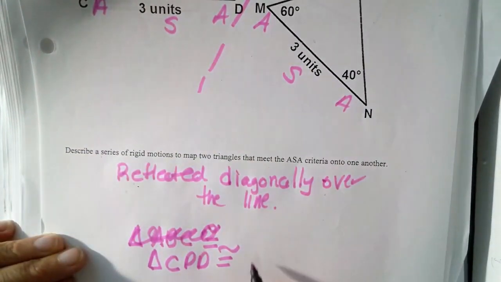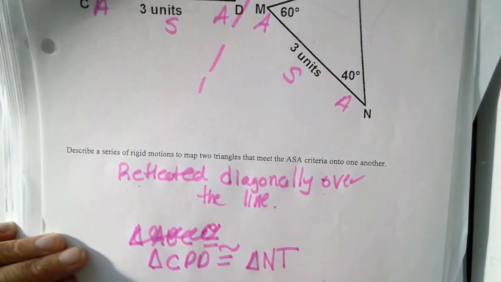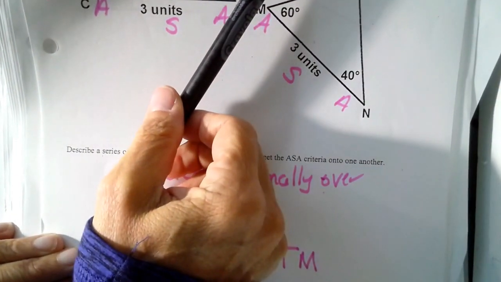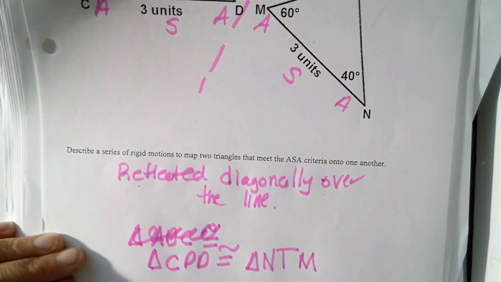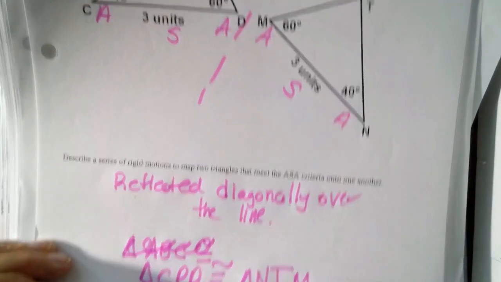C was 40. That's the N. Which went with your P, which was at the top? That should be the T. And which went with your D? That should be the M. So really, we know this works because we have a transformation that we used to keep the triangles congruent. So another one we now have is angle side angle.